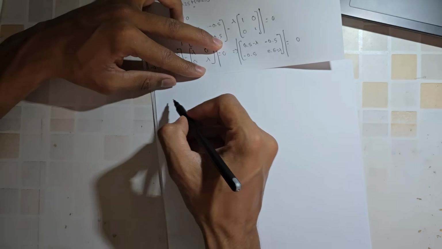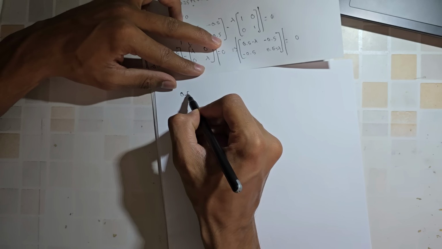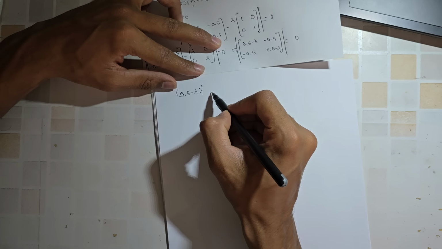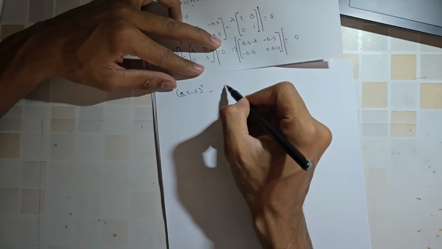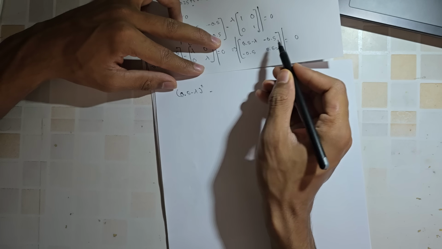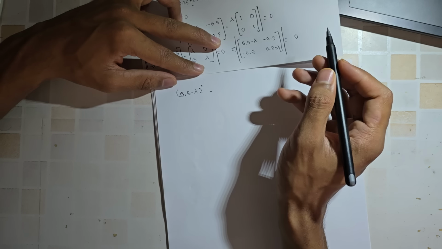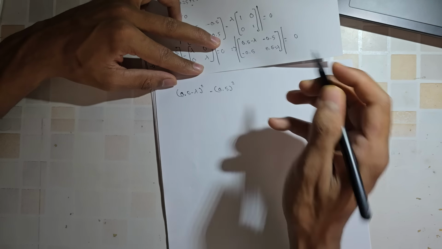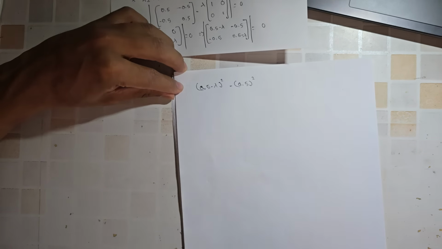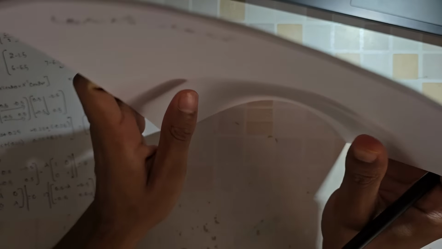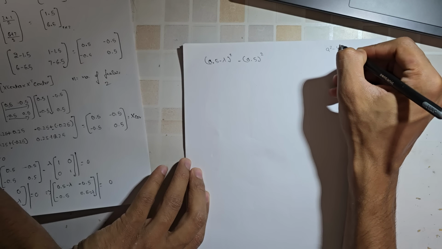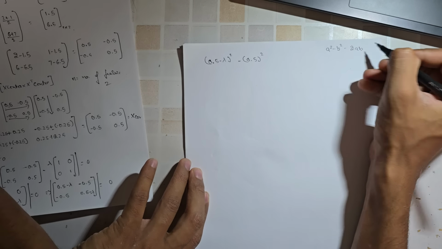So this cross multiplication, so what will happen, 0.5 minus lambda the whole square, and here we'll have minus itself, minus 0.5 into minus 0.5 is plus 0.5, so that is 0.5 the whole square. Now we have that formula that a minus b whole square is a square plus b square minus 2ab, right?